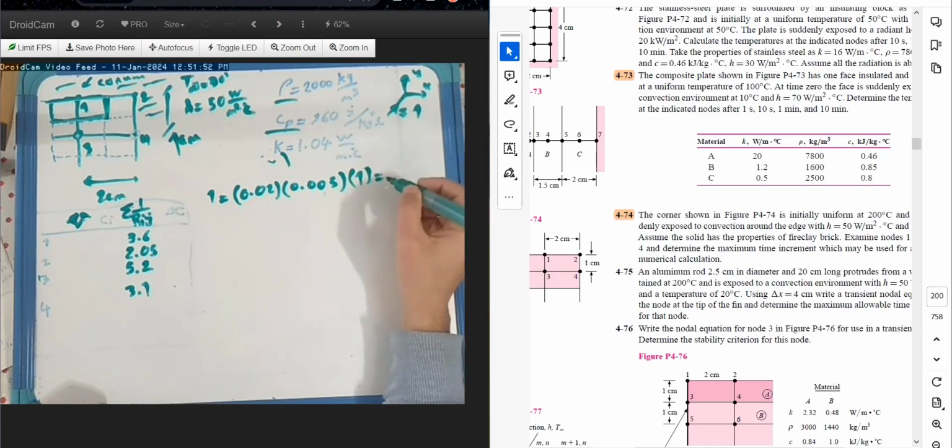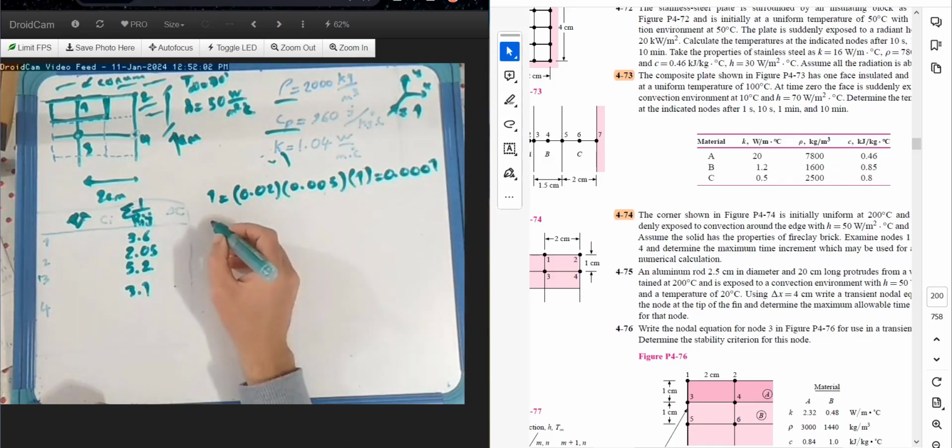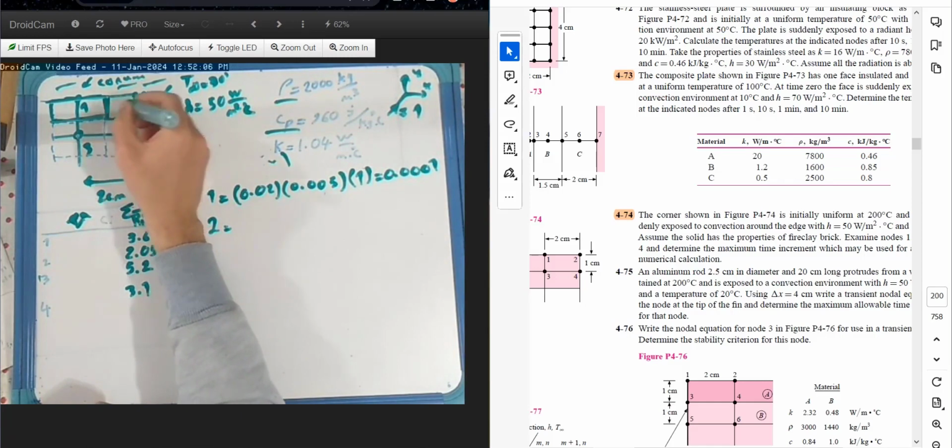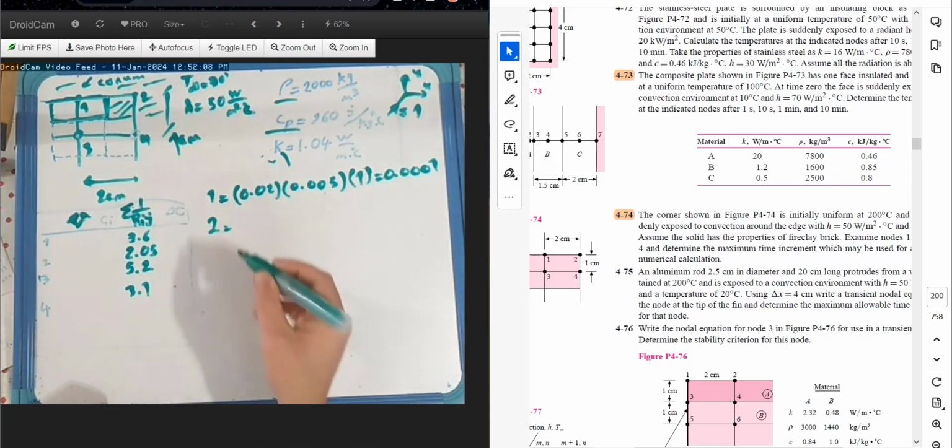So the V here will be 0.1. Okay, for element 2, what is the volume of that?